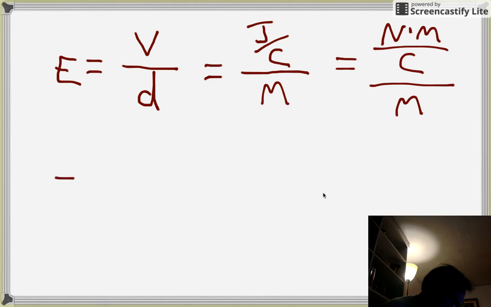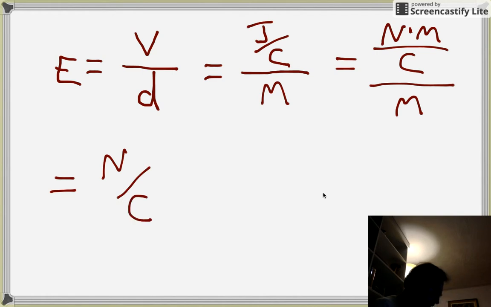Now this simplifies, since the meters will cancel, to newtons per coulomb, which makes sense because the electric field strength is a measure of force per charge in the electric field. So it's the force that's acting on a charge in an electric field.